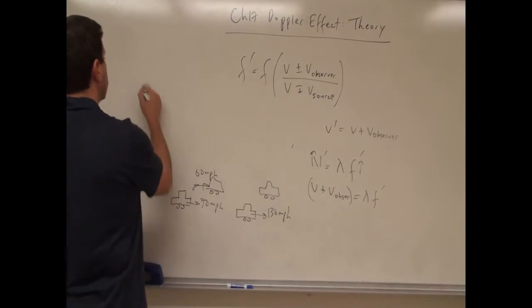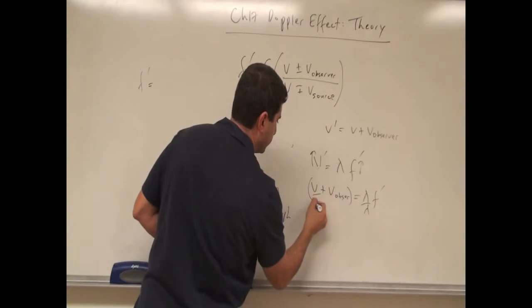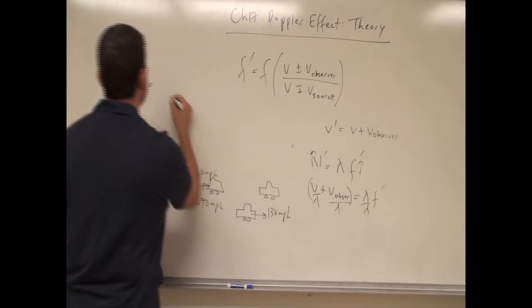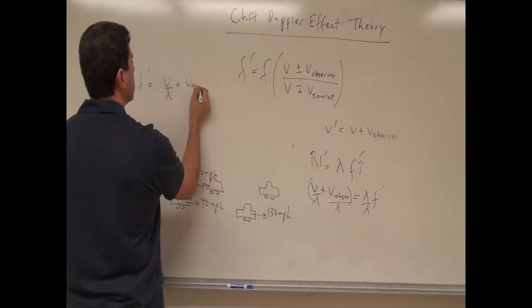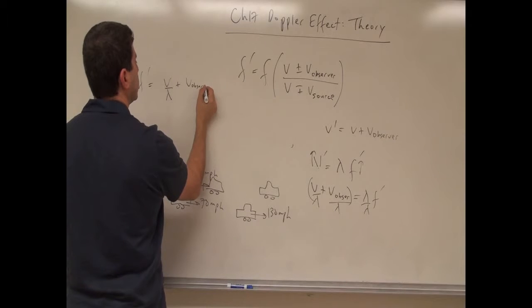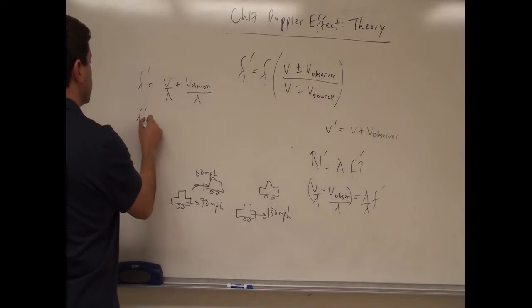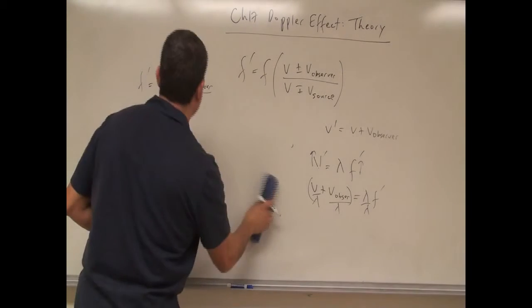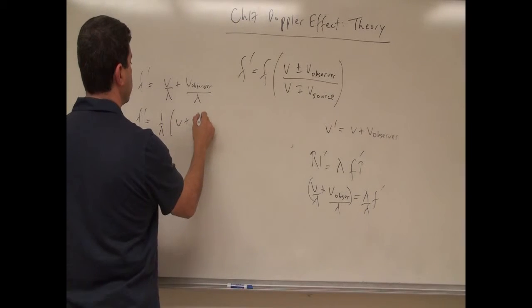Okay, so we have f prime is equal to, divide both sides by lambda, v over lambda plus v observer over lambda. We can just factor out the lambda: 1 over lambda times (v plus v observer).